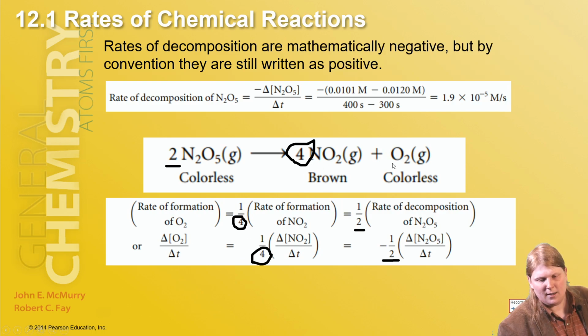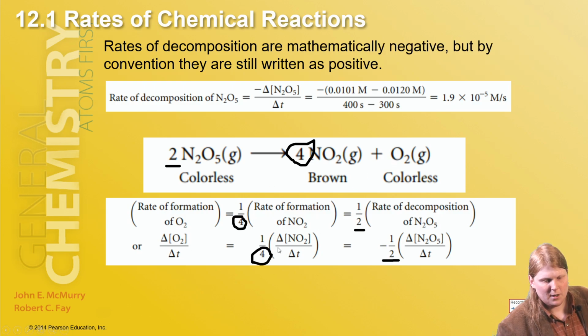For every one of these, we get 4 of these. So this rate is 1/4 the rate of the NO2. That's why I've got these circled. This 4 is the same as this 4. This 2 is the same as this 2 down here in the fraction. So you can see they are related stoichiometrically.